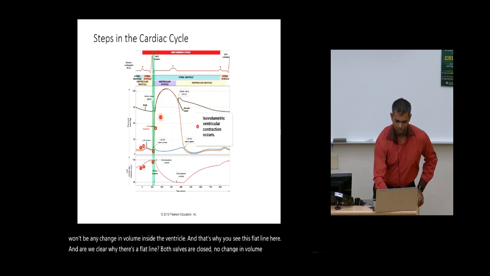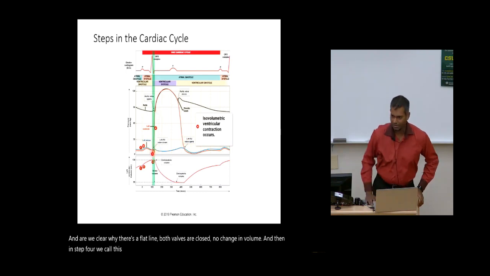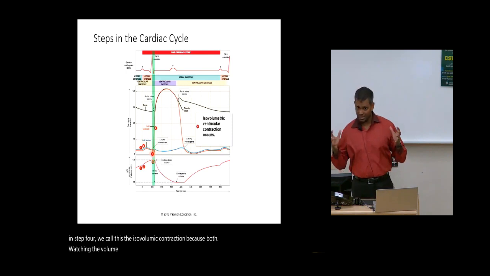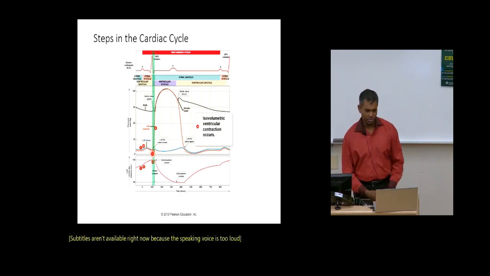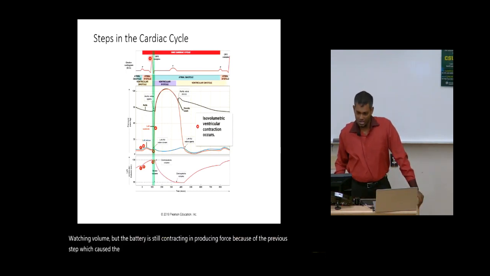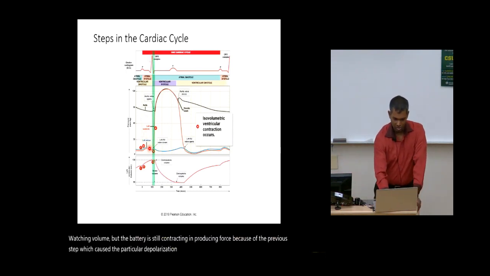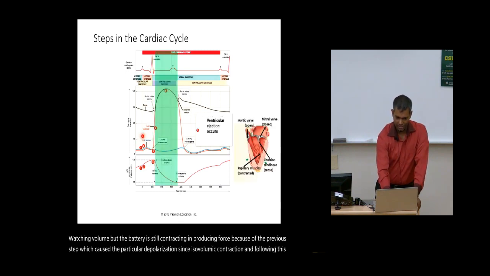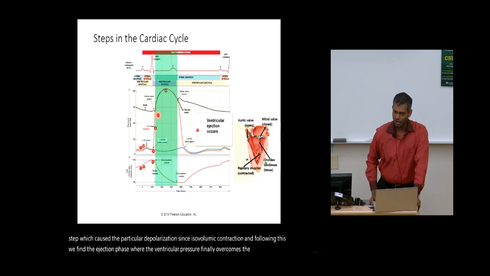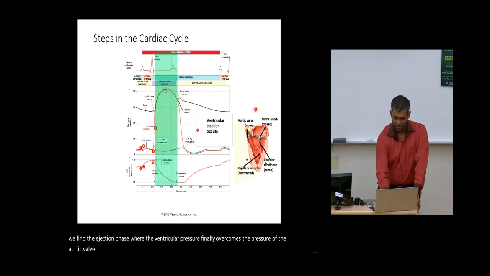And then in step 4, we call this the isovolumic contraction because both valves are closed, no change in volume, but the ventricle is still contracting and producing force because of the previous step which caused the ventricular depolarization. Following this isovolumic contraction we find the ejection phase, where the ventricular pressure finally overcomes the pressure of the aortic valve, and that causes the blood to flow to the aorta, right?